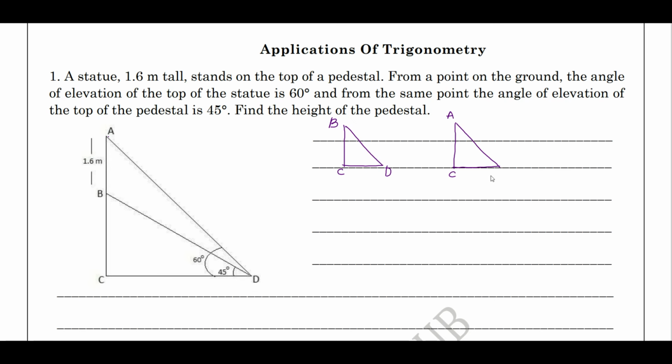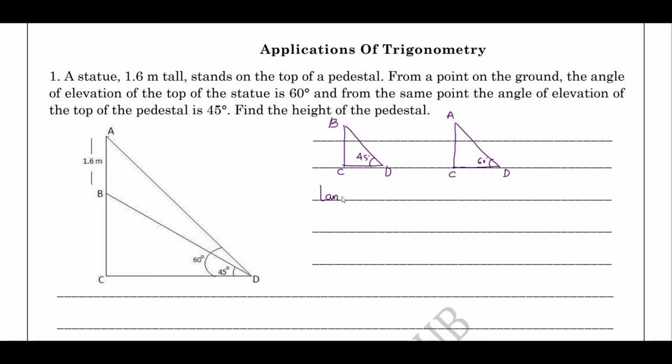ACD. Then write the angles: here it is 45, here it is 60 degree. Now in the same way, first I'll write the right angle triangle and I'll apply the tan ratio.